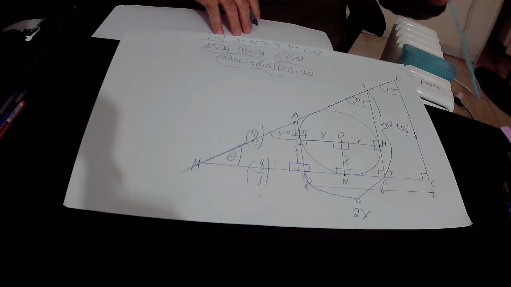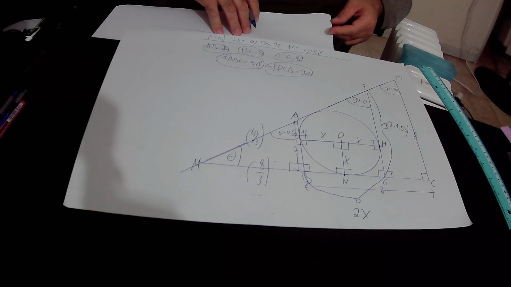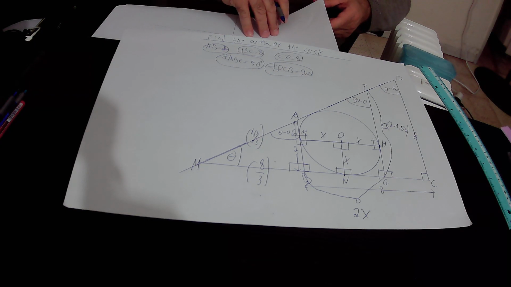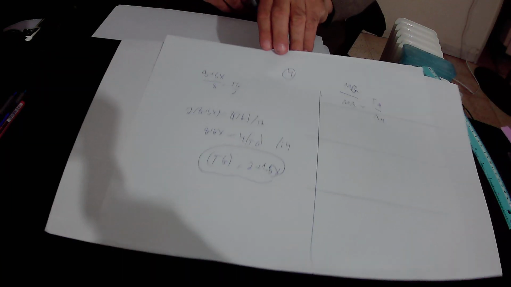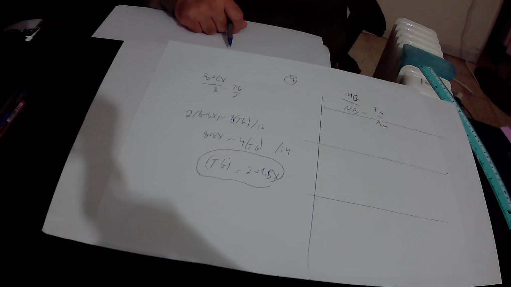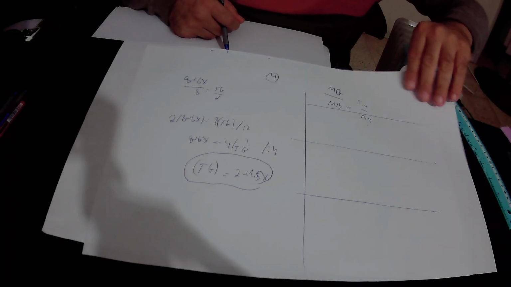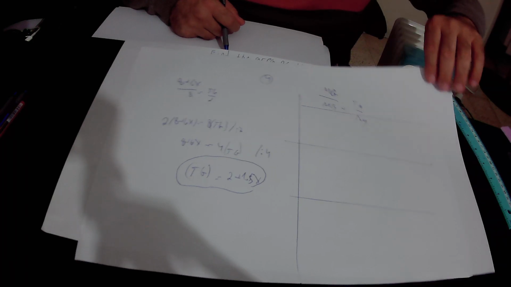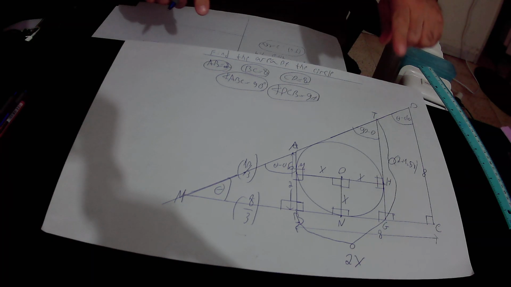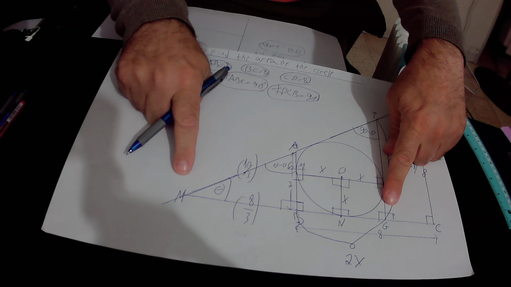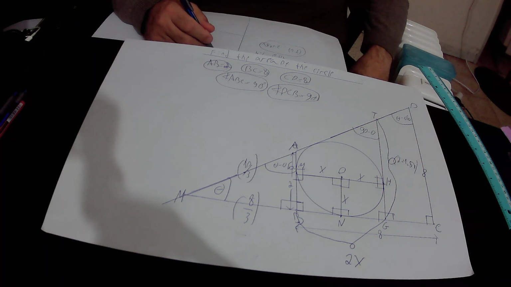Again, MG over MB equals TM over AM. I've already explained to you that MG is 8 over 3 plus 2x, over MB.